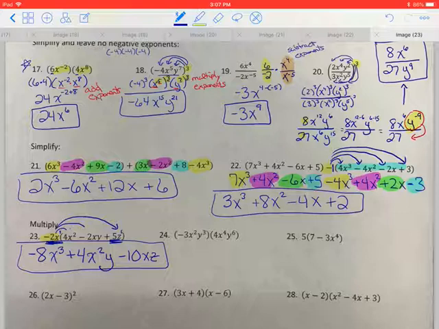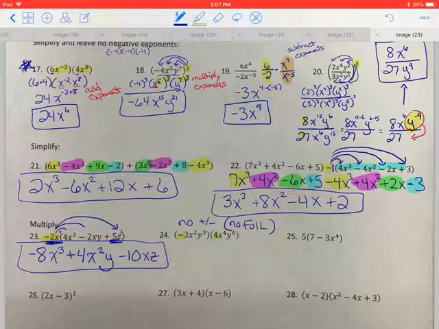All right, so number 24 is kind of stuck in here. Notice on this one, there's no plus or minus signs. There's a negative right here, but in between my x's and my y's, I'm not seeing any plus or minus signs. So this means I'm not going to FOIL. That's the most common mistake here. So once again, this one is going to be just like number 17. I'm going to start by multiplying my coefficients.